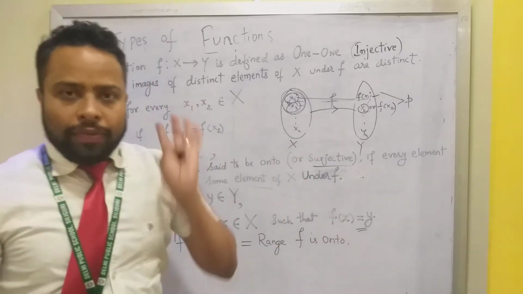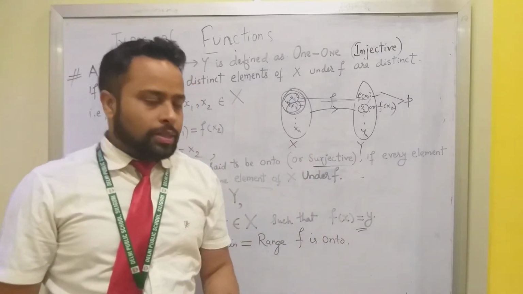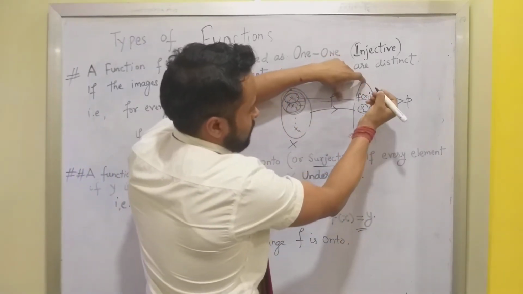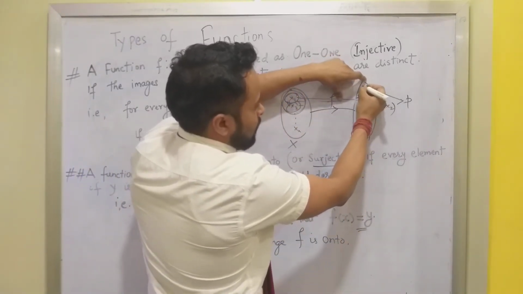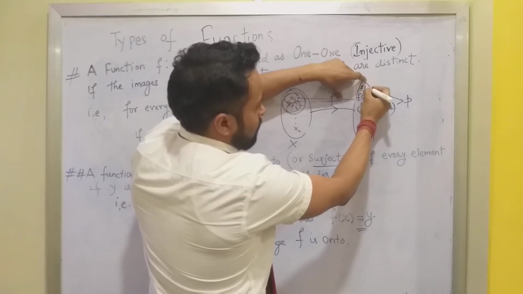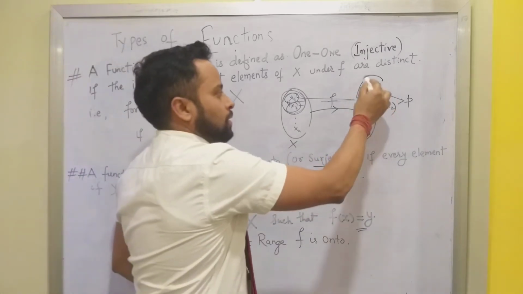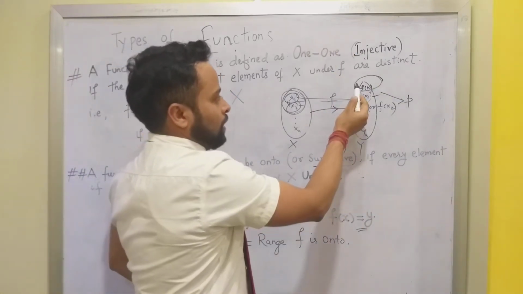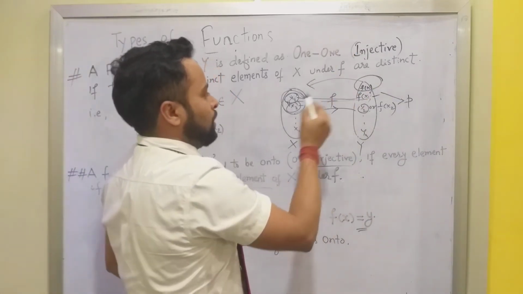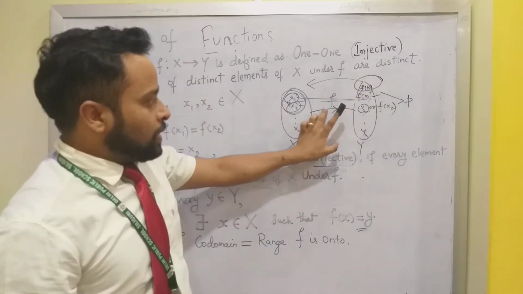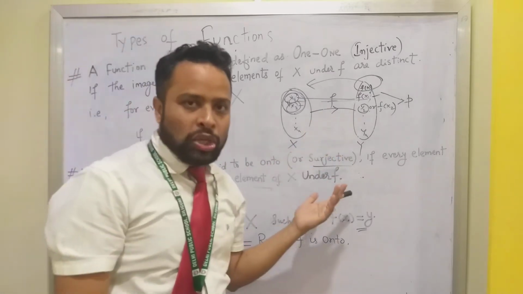If it so happens that there lies an image, say f of k, and this f of k does not have its pre-image here, then we will say that this function is into.